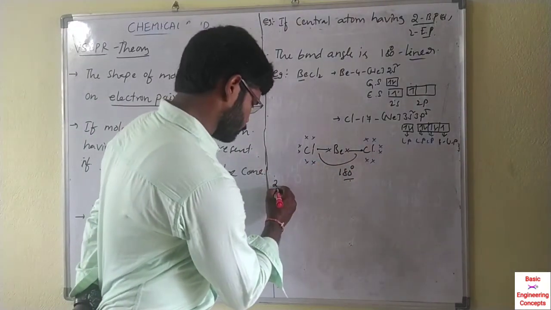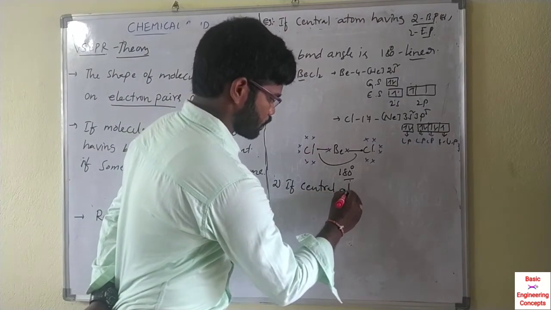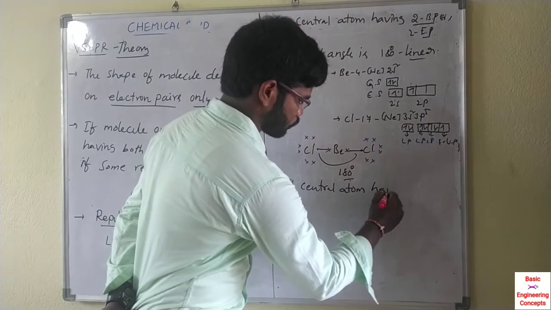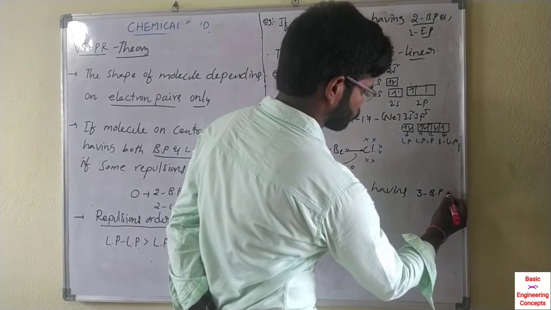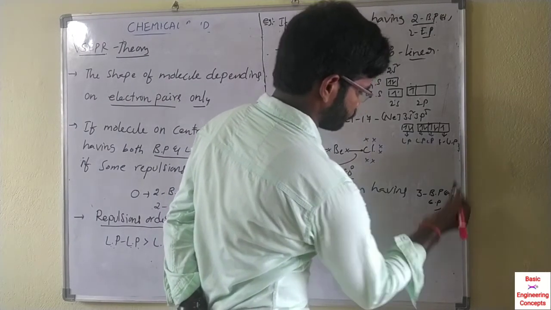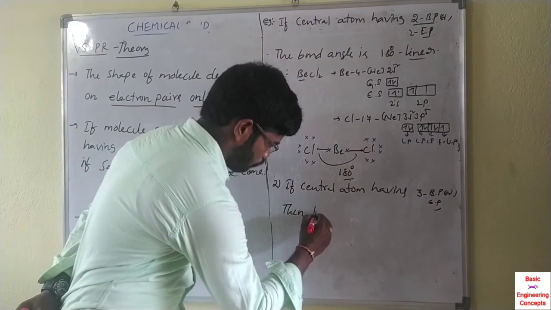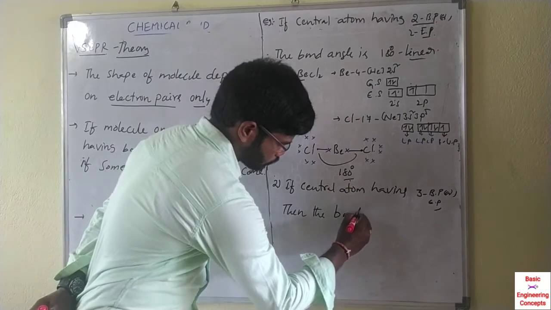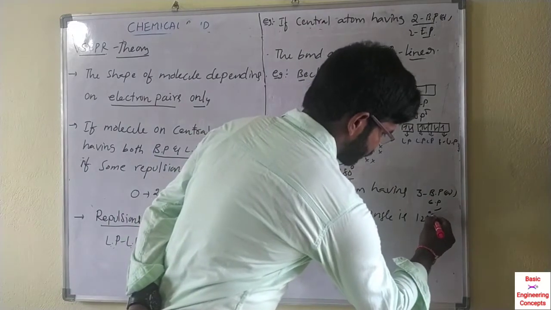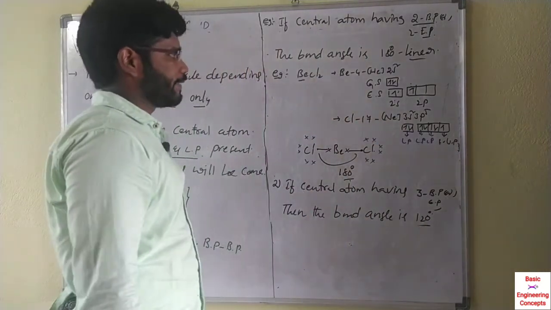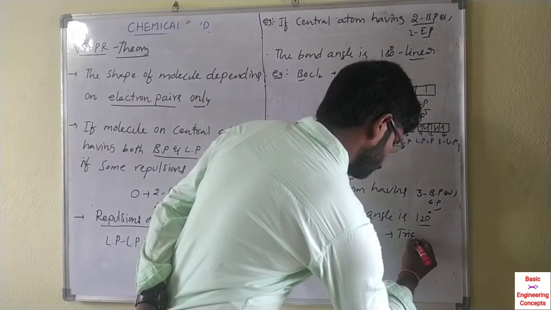Second example: if the central atom has 3 bond pairs or electron pairs, then the bond angle is 120 degrees and the structure will be trigonal planar.